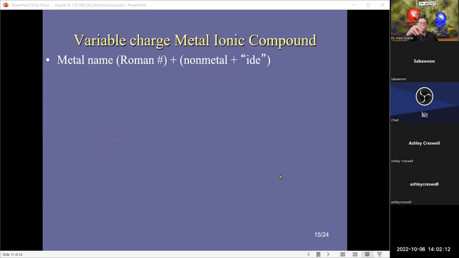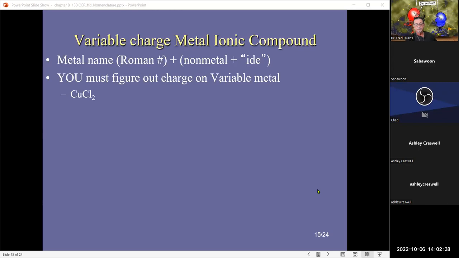Okay, with the variable charge, you write the metal name and then in parentheses, the charge for that species, whatever the charge is, and then the non-metal, which is with the -ide ending. And the question is, how do we know which one we're doing? Well, first of all, I know that the parent name will be copper.